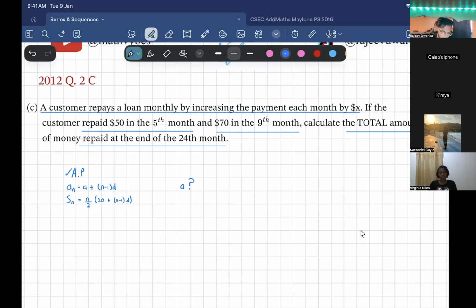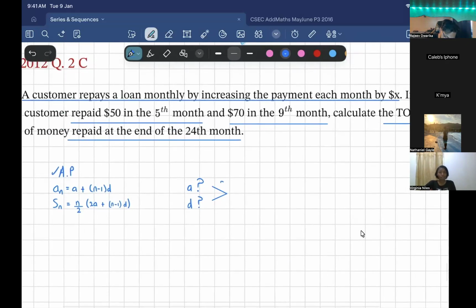No. So that's something else we don't know. How many unknowns is that? Two unknowns. Anytime we see two unknowns, what comes to mind? A simultaneous equation.